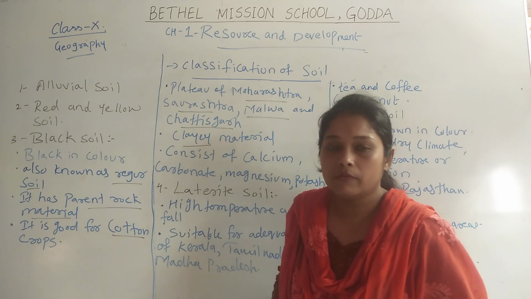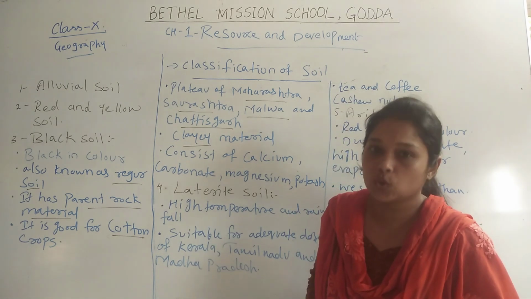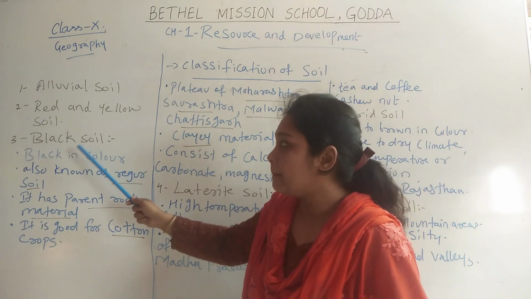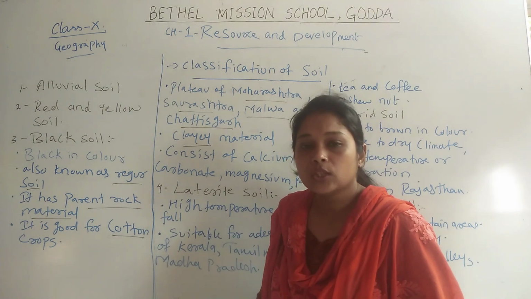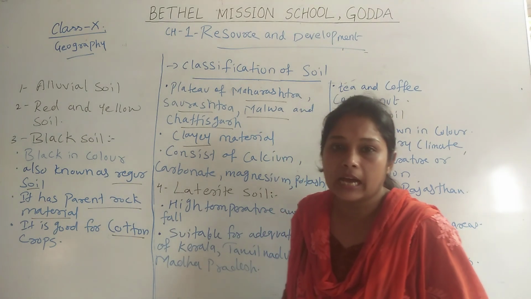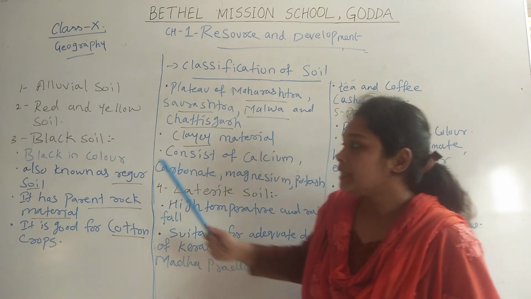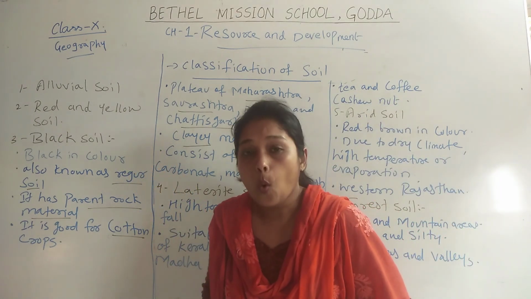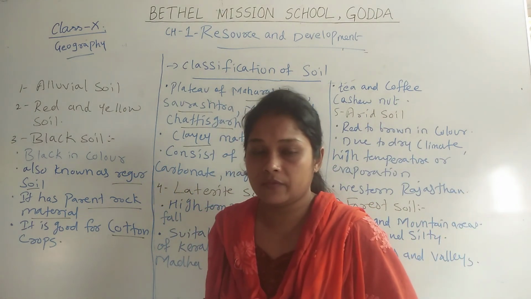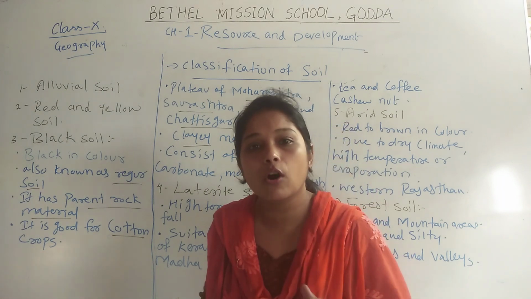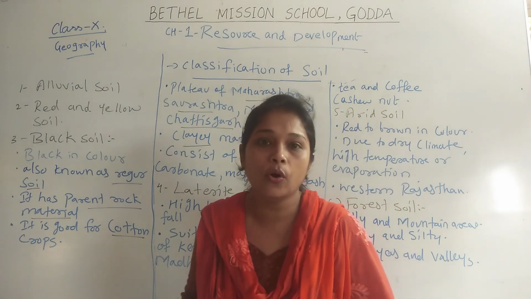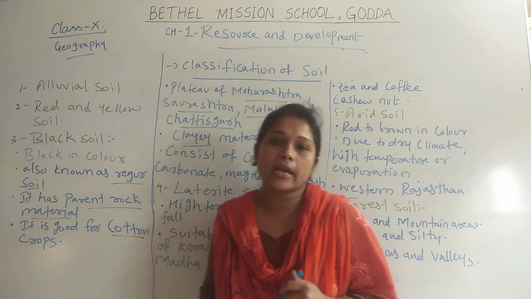Now moving further, we will see other classifications of soil. Third one is black soil. With the name only we can find out that it is black in color. Now, why is it black in color? As we have seen in our last video, there are 4 layers of soil.